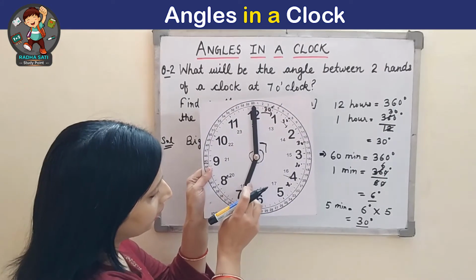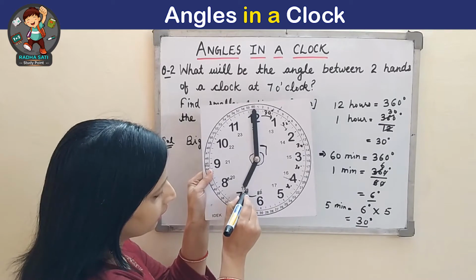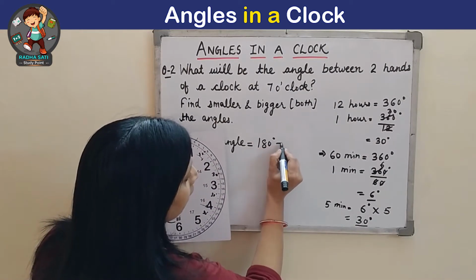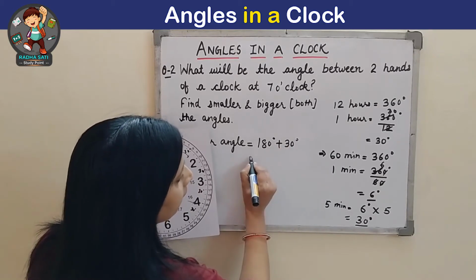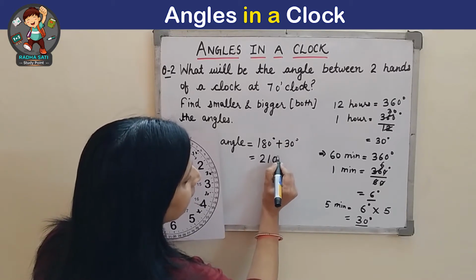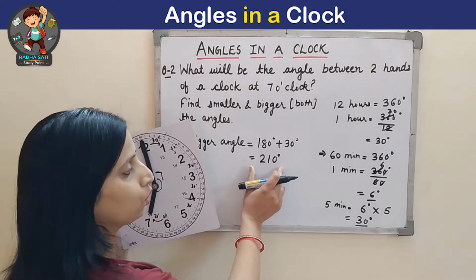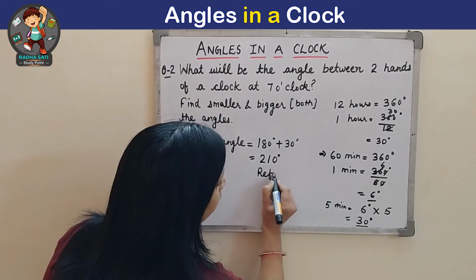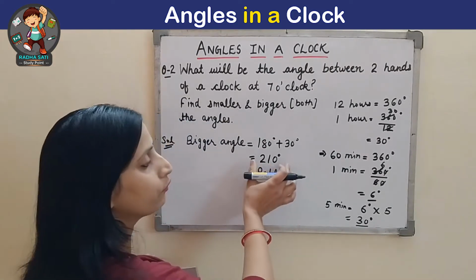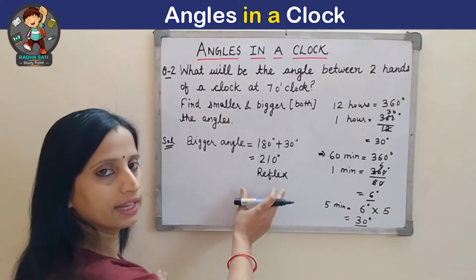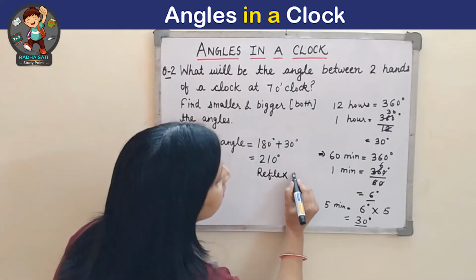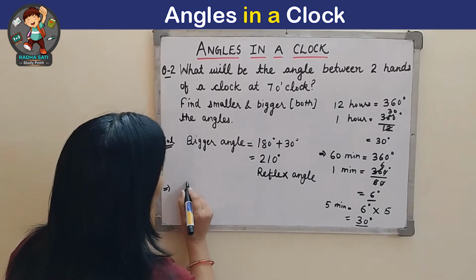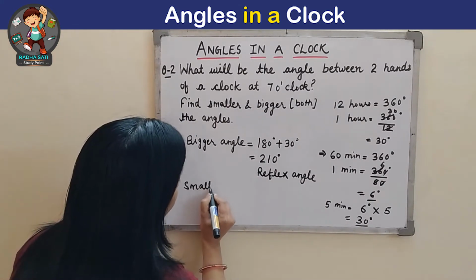Then if we add 30 degree to this, 180 degree plus 30 degree, we will get 210 degree. And 210 is a reflex angle. We know that all the angles which are more than 180 and less than 360 degree are known as reflex angle.